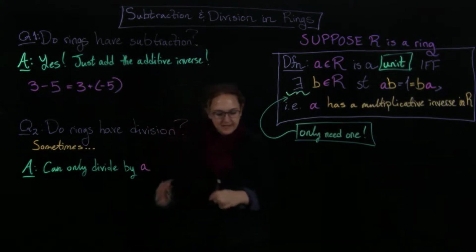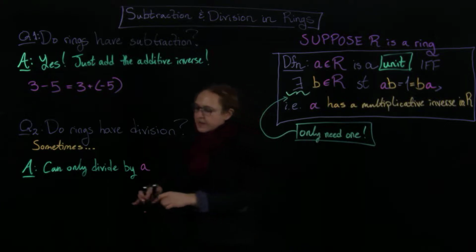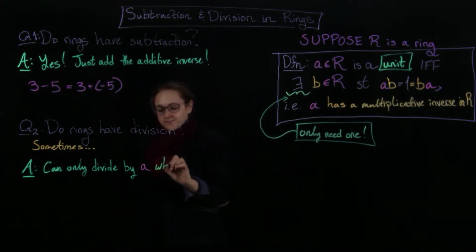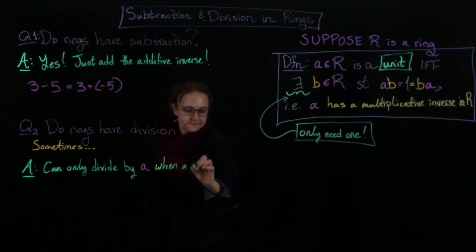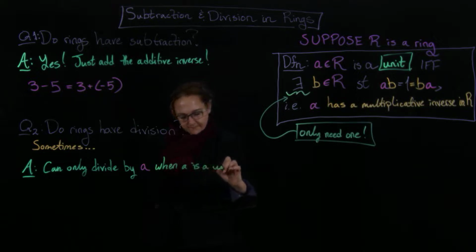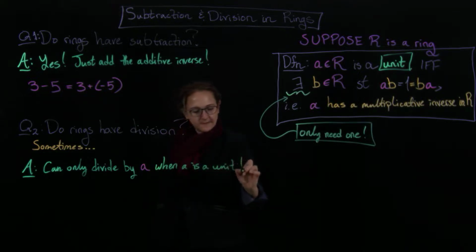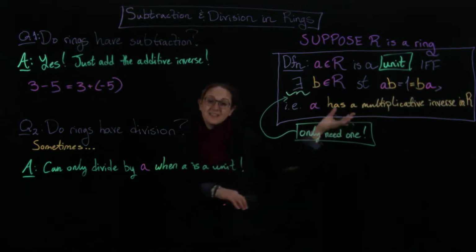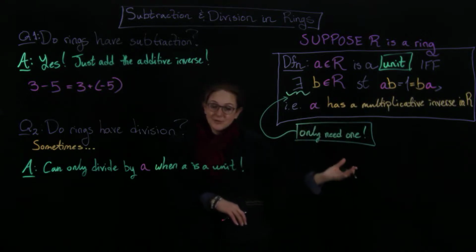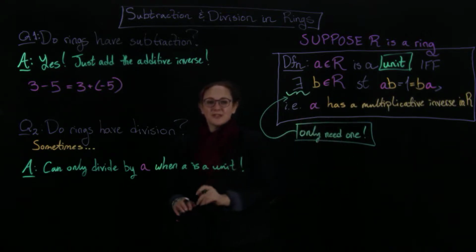If I'm in a ring, I can only divide by a when a is a unit, when it satisfies this property, so it has a multiplicative inverse, and we're going to use that multiplicative inverse.